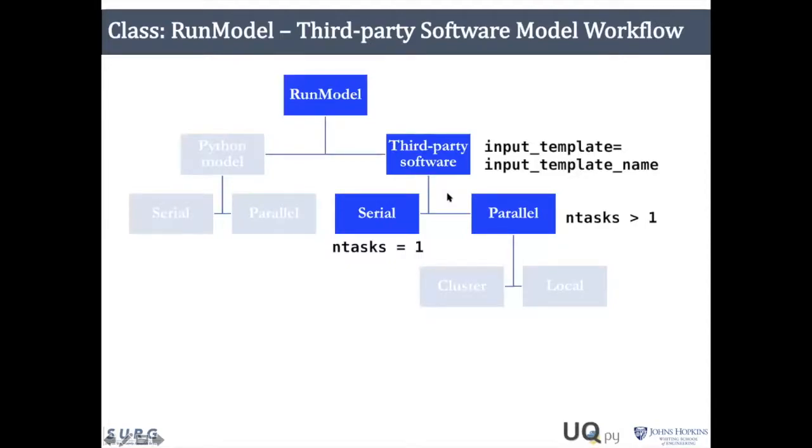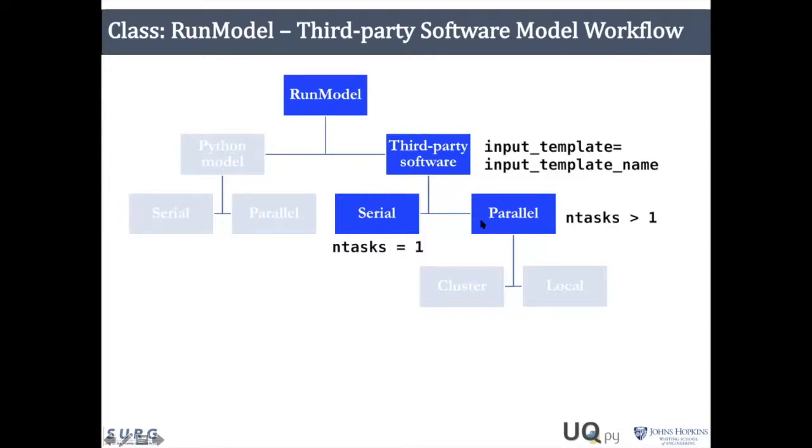So far, we saw the strategy for running any third-party software models using an input file. Now at the next level, we would want to use parallel execution of these models, which could be computationally intensive.